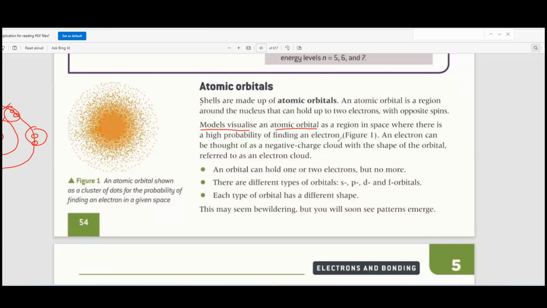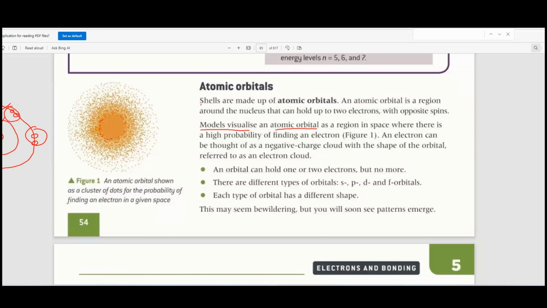The other definition is the space around the nucleus where there is high probability of finding an electron. The dots are very close to each other near the nucleus. Obviously, as you go away from the nucleus, the probability of finding electrons will be less. That is what it means.